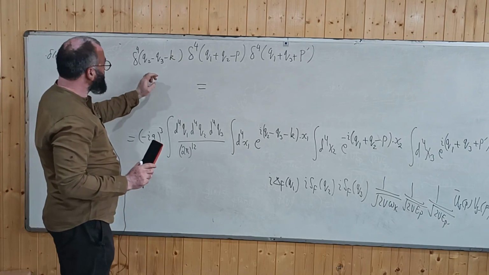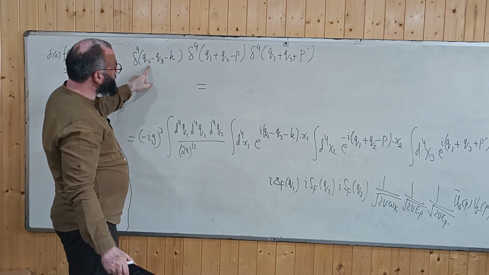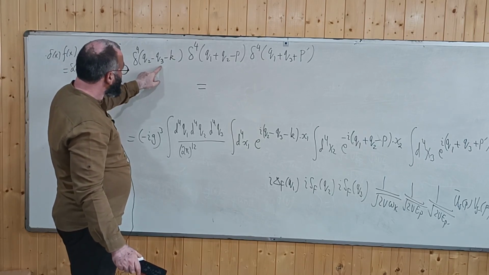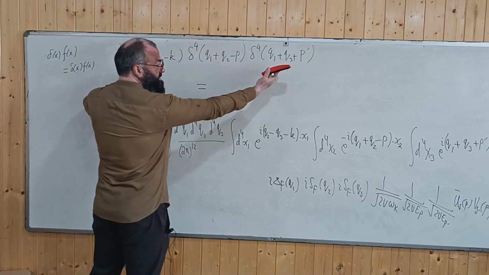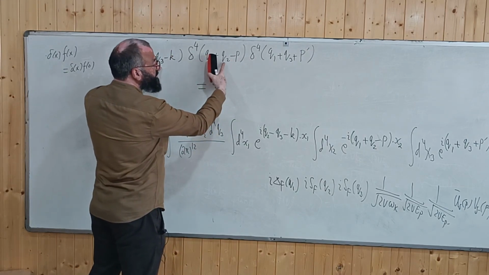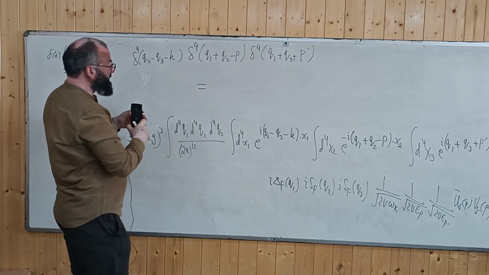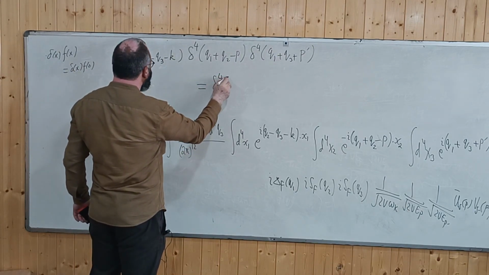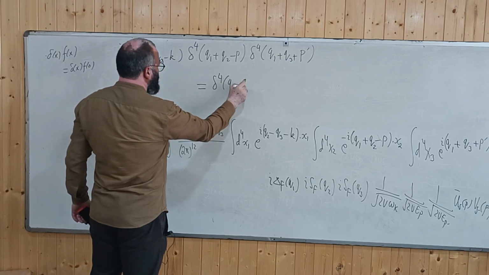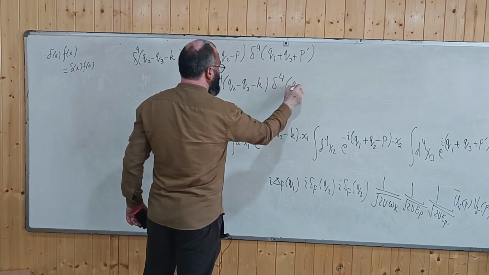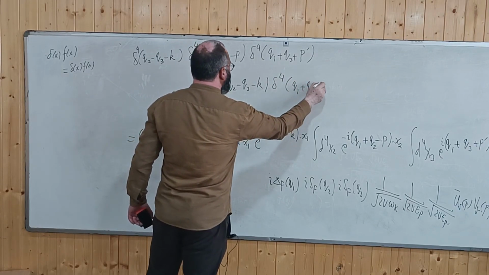So now let's put the value of q3 in this very delta function and the value of q1 in this delta function. So you keep these two delta functions, then you are having delta 4 of q1 plus q2 minus p.